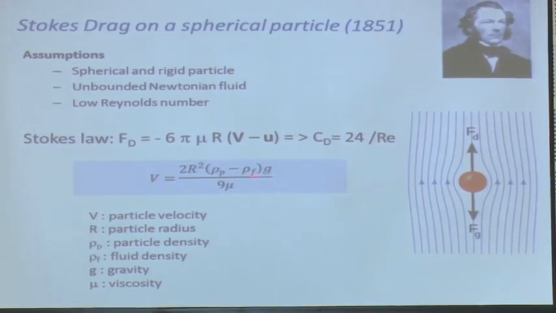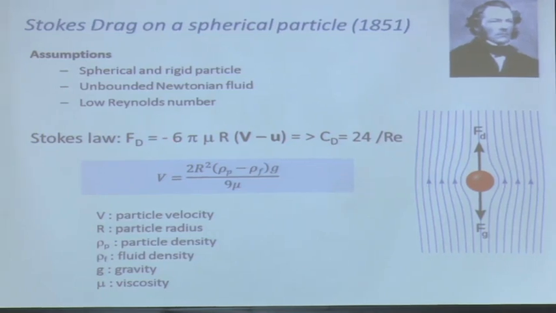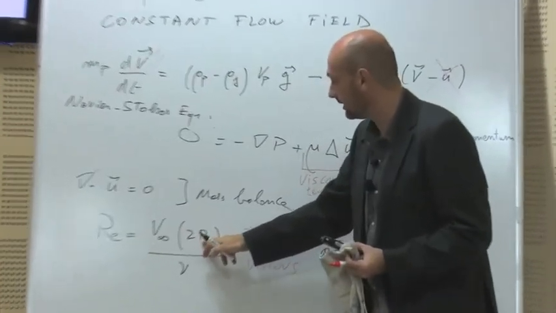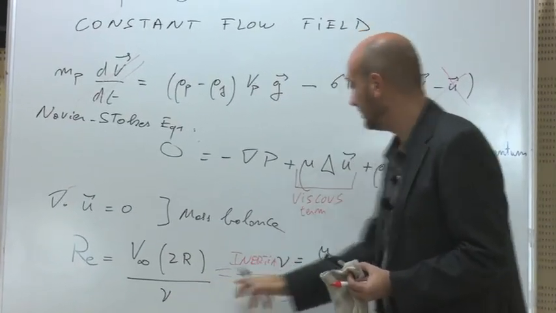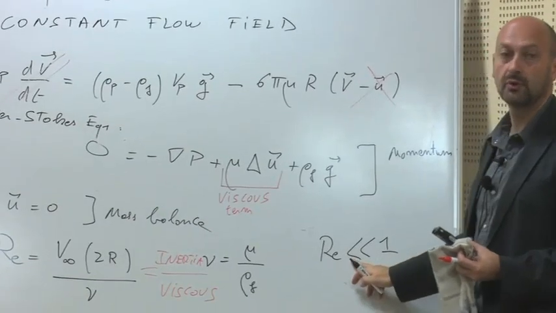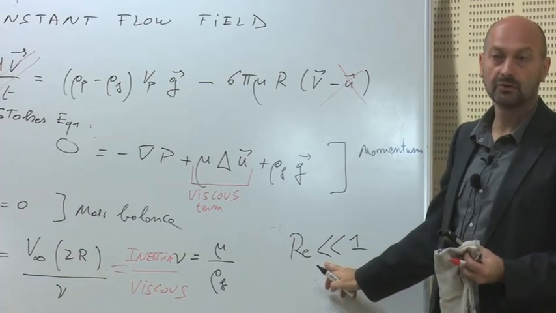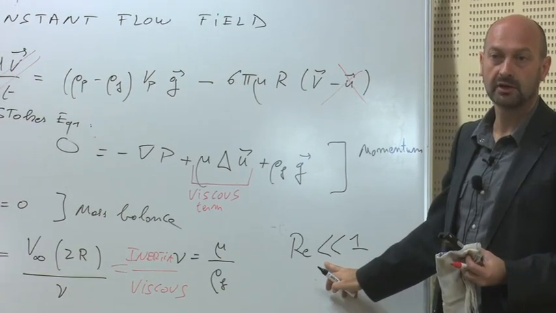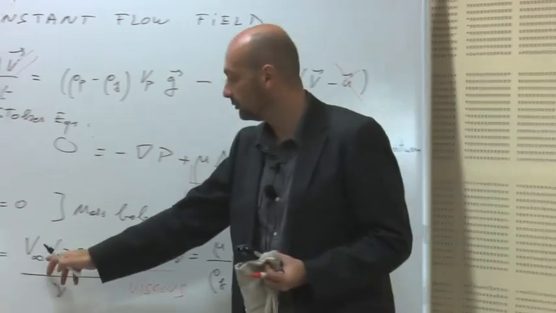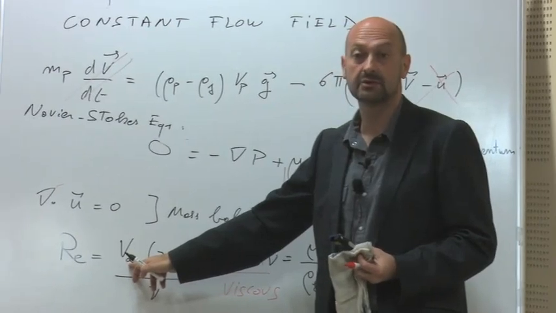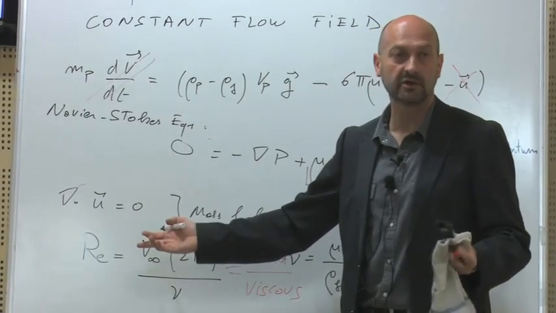So it means that this equation here is only valid when the settling speed multiplied by the radius divided by the viscosity has to be much lower than 1. But we don't know what it means, actually. It cannot be 0, because it would be 0 only if V infinity is 0, and if V infinity is 0, the particle is not settling.